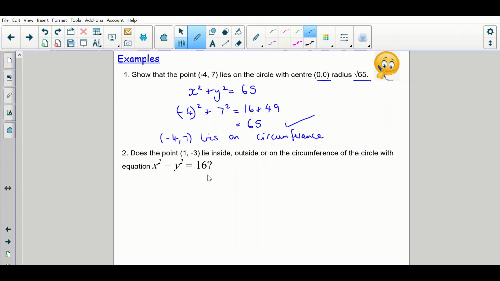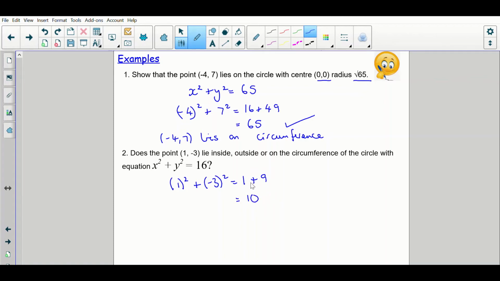How about this one? Does the point (1, -3) lie inside, outside or on the circumference of the circle x squared plus y squared equals 16? So this time we've been given the equation, so let's test our coordinates. x squared is 1 squared, plus y squared, so I want -3 squared, so that gives me 1 plus 9, which equals 10.